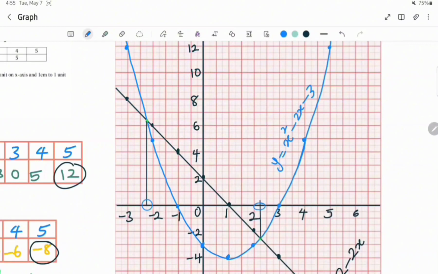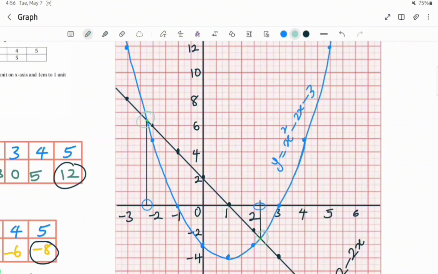Remember that this is exactly where they intersect, right? And don't let me use the blue ink so that you can see clearly. This here and this here, those are the 2 points of intersection of the linear graph and the quadratic graph. So when you trace it to the x-axis, whatever answer you get is going to be the solution to the equation.